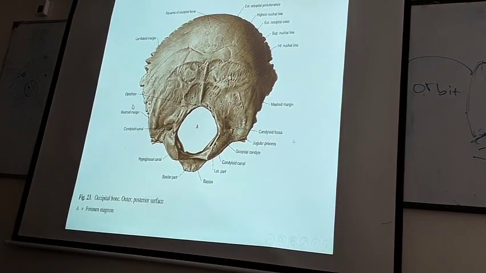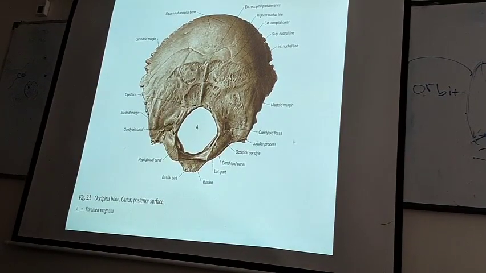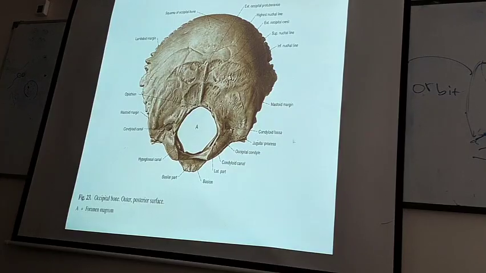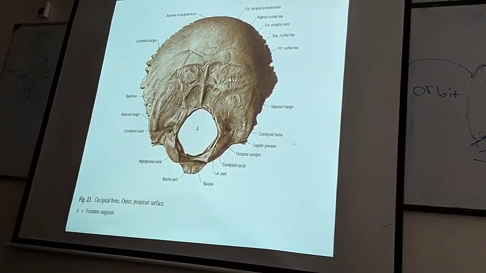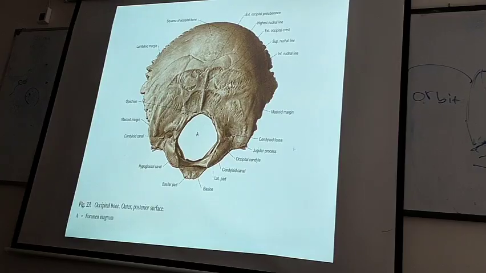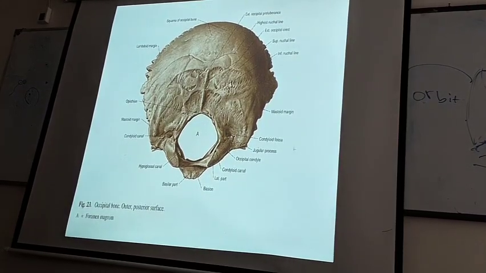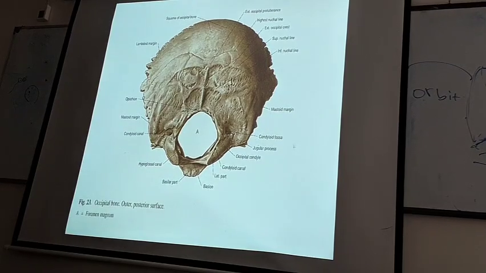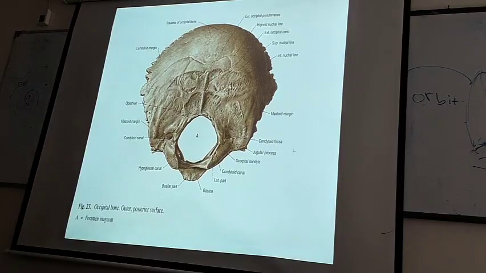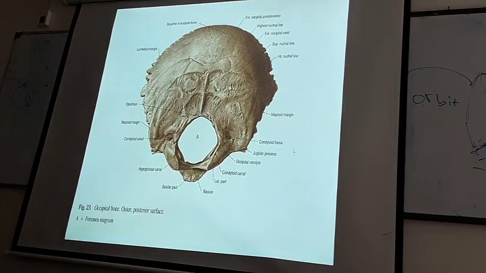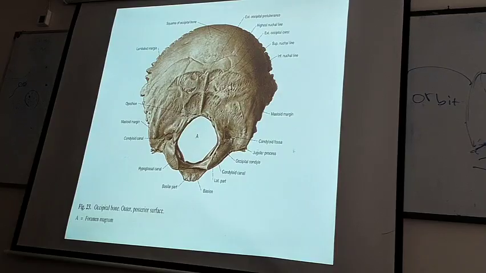We have spoken about the frontal, parietal, occipital, and ethmoid. These are four bones. But now I want to speak about the sphenoidal bone. Do you agree? No? Why? It is so difficult. It is a good bone for asking you questions. In the sphenoidal we can ask you many questions.